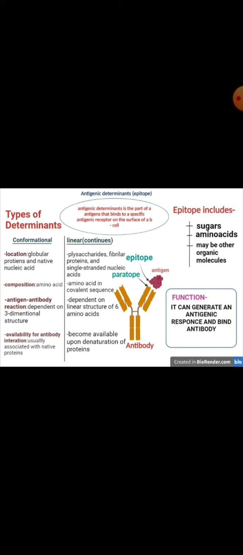The continuous antigenic determinant, also known as a linear antigenic determinant, is one where, in the primary sequence structure of a protein, the antigenic determinants are in a continuous form and each one is capable of inducing an immune response.